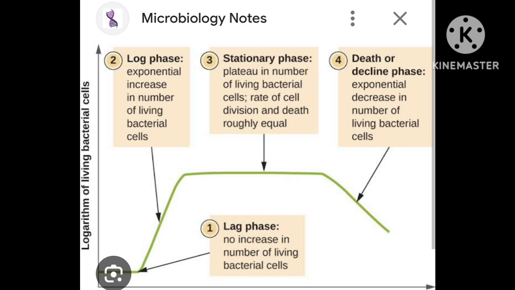Third phase, stationary phase means the rate of cell division and death are roughly equal. Fourth phase, death or decline phase, means exponential decrease in the number of living bacterial cells.